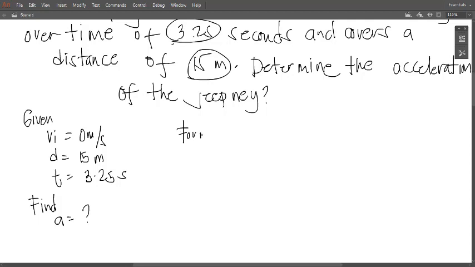Using the same formula as earlier, distance is equal to the product of initial velocity and time, plus one half the product of acceleration and the square of time.